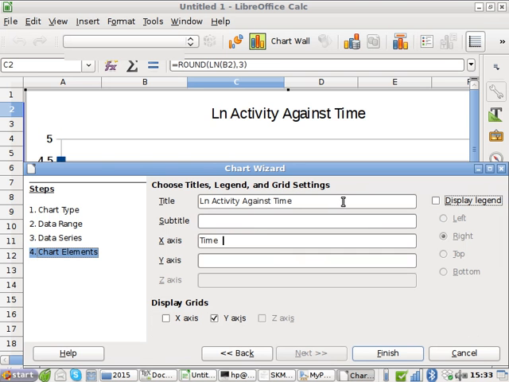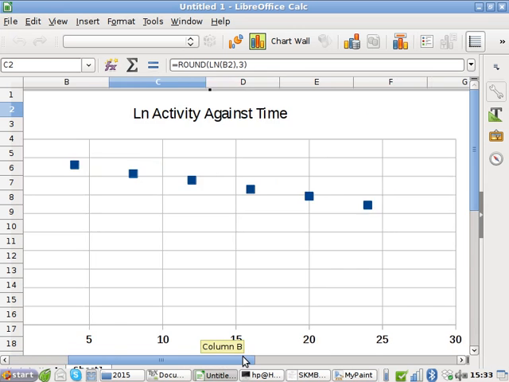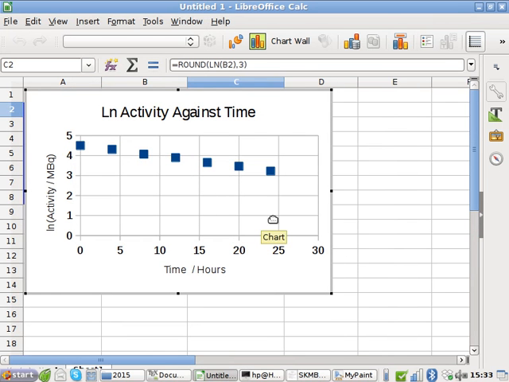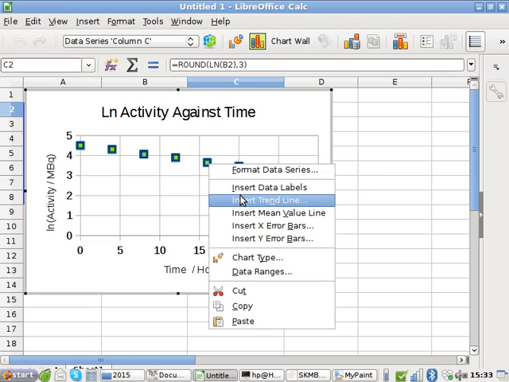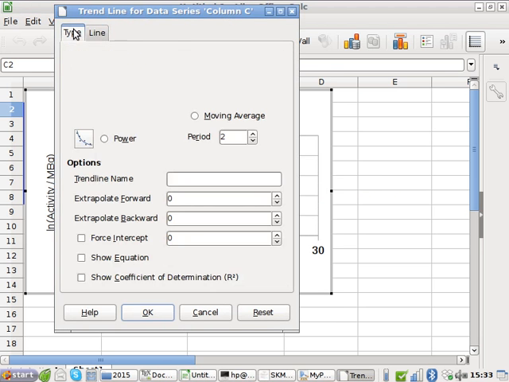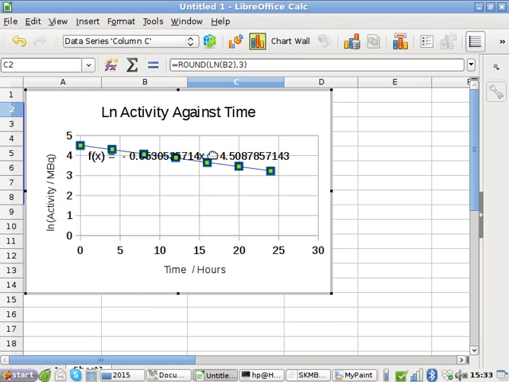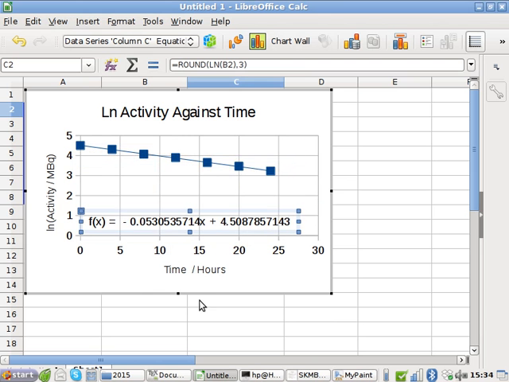The X is time in hours and the Y is log activity in megabecquerels. You should have a chart like this, which I shall shrink a bit. I shall put in the line. So this is the graph you should have. Straight line going down. You got that?